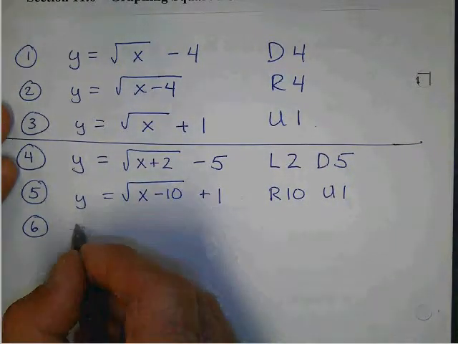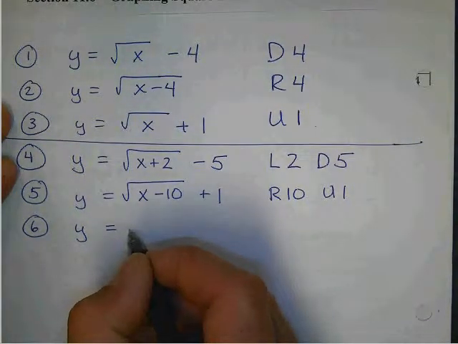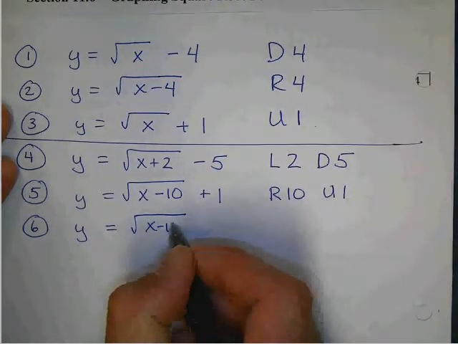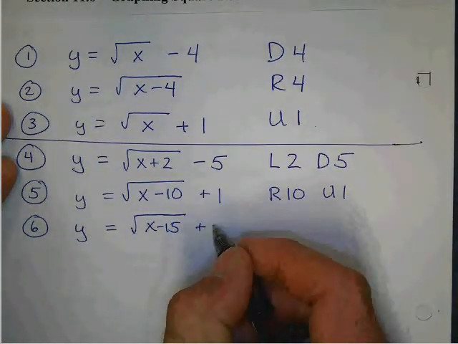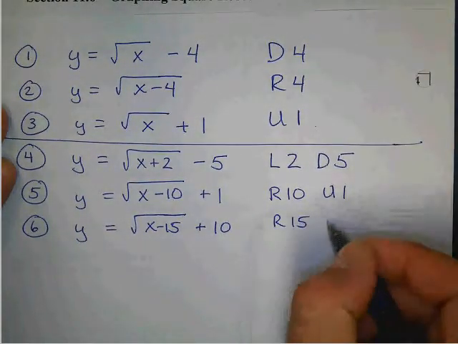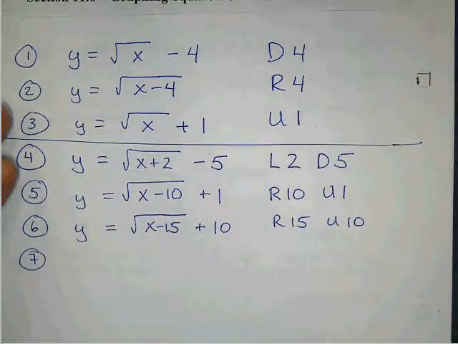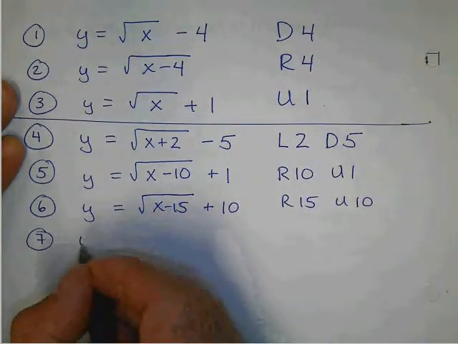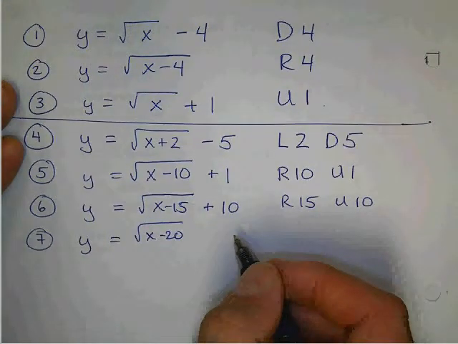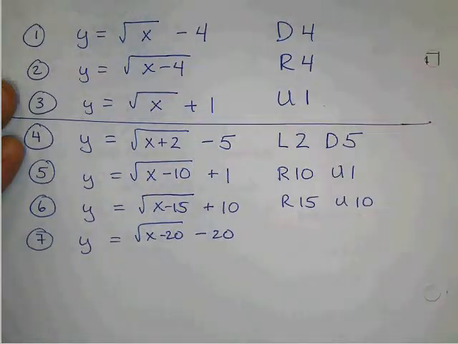All right, John's going next. Noah, you make up the equation. Square root of x minus 15 plus 10. Plus how much? John? Good. All right, John, you're making the next one. Go. Square root of x minus 4... minus 20.